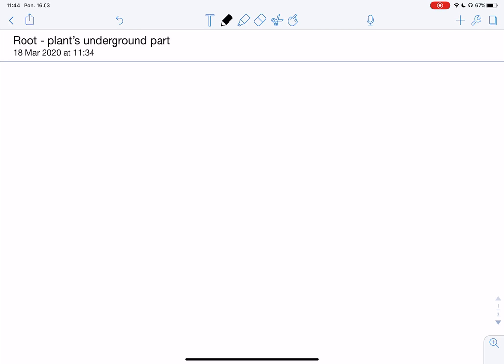Anyway, guys, today's topic is roots. Root is an organ that we have to associate with plants because obviously it's the plants that create roots. And guys, I want you to take your notebook, that's first, because you might be willing to take some notes.